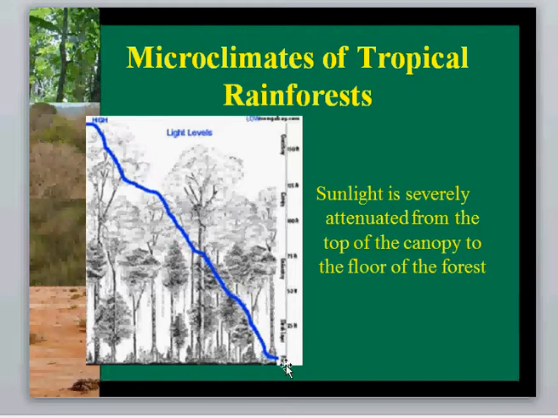The vast majority of the light, 99.9% of the light, and that's particularly the photosynthetically active wavelengths of the light, has been filtered out by all these layers of leaves.